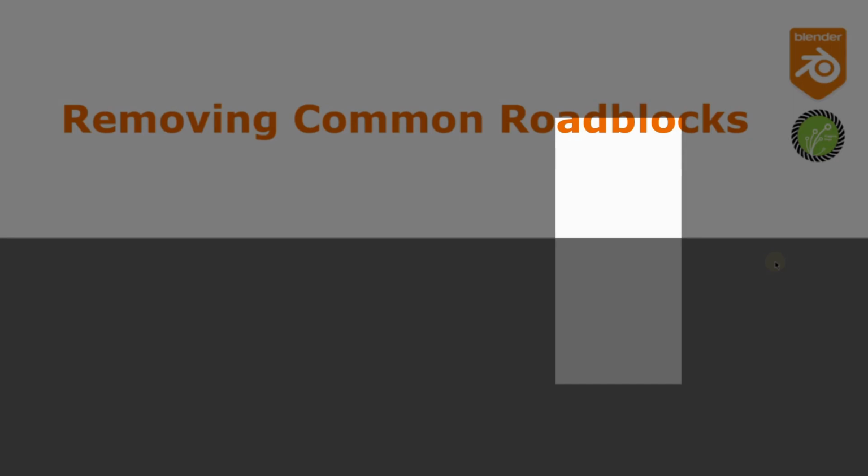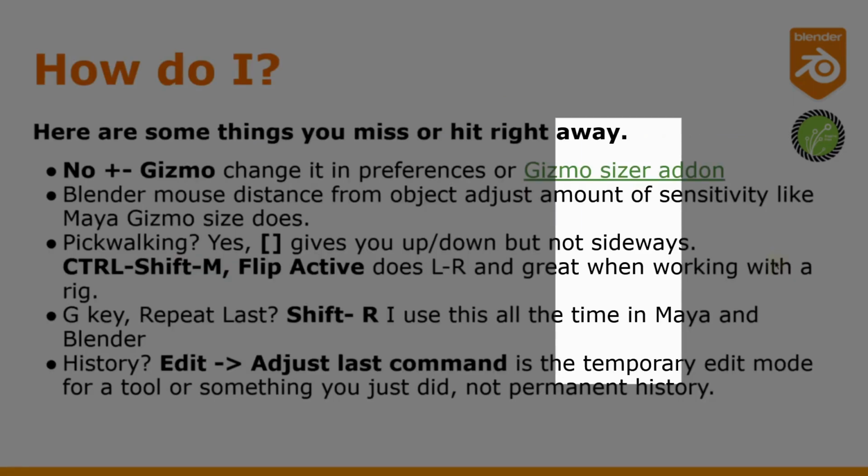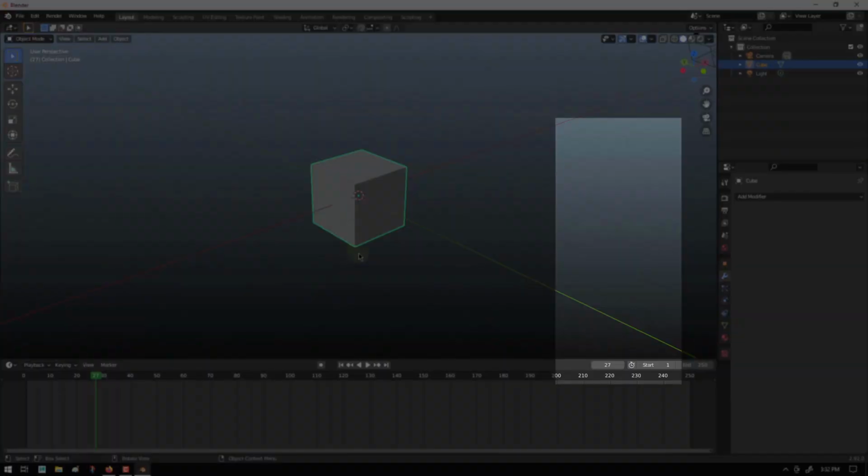Common roadblocks. The moment you start exploring Blender, you're going to hit the parts of the muscle memory from Maya. I want to change my gizmo size. You can't. It's in preferences. When I rotate something, typically your mouse is going to be on the object that you just clicked. And so if you click rotate with the gizmo, it's going to give you a Maya-like gizmo, but you can't click far away from it without scaling it.